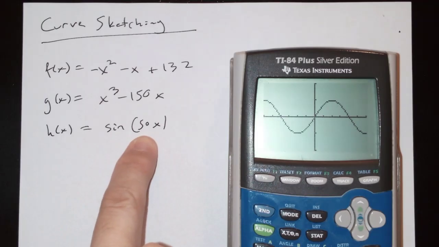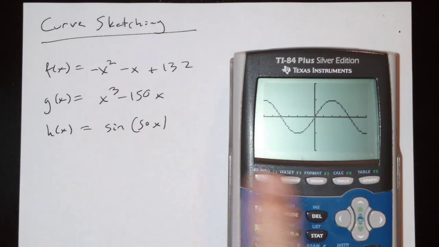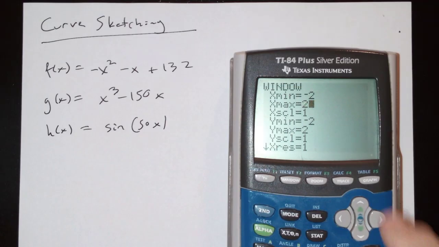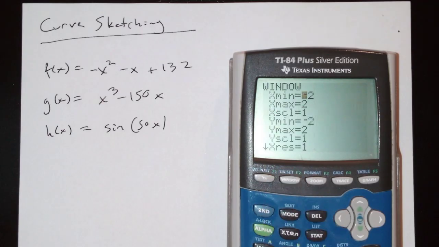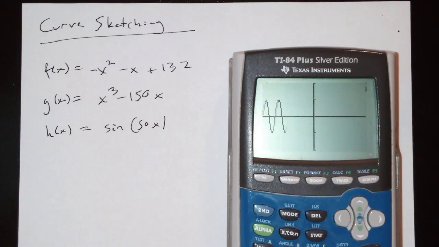This curve should be wiggling back and forth like there's no tomorrow. But the way I pick the window changes the picture I'm going to get. That makes sense.